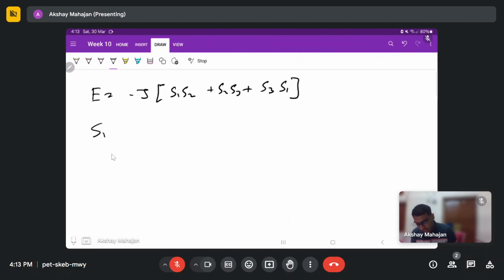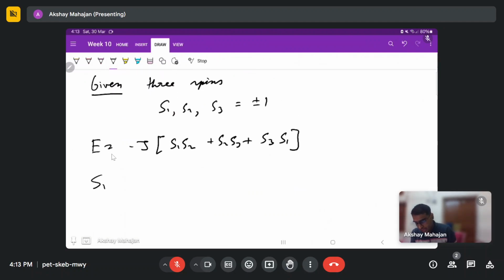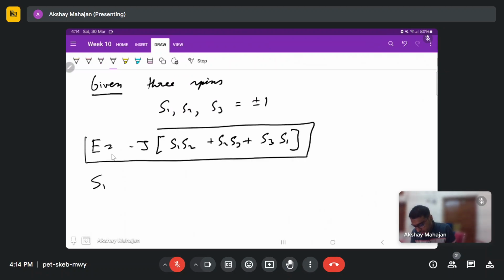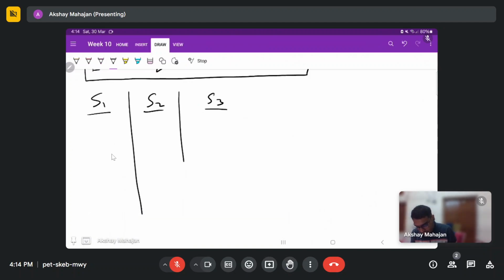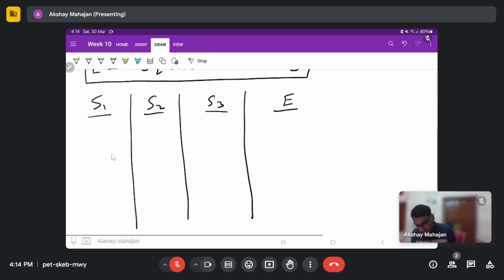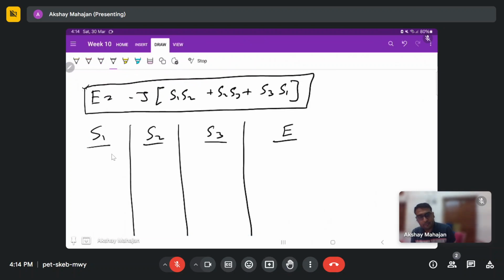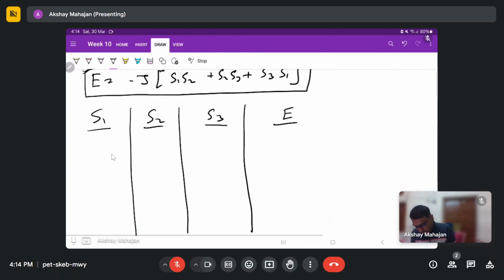We have the spin values could be +1 or -1, and the energy equation is already given to us. So this is a simple problem. We will just take all the possible values of spins S1, S2, S3, and correspondingly find our energy from this equation. One case could be all of them being 1.